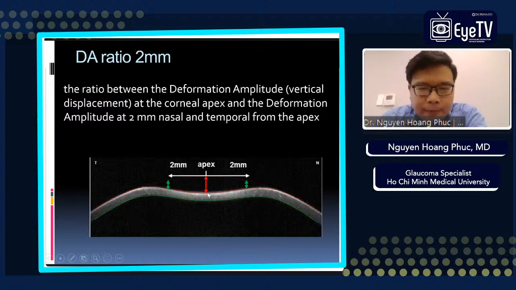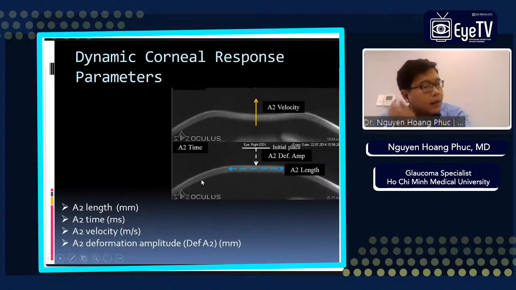In a stiff cornea, the central cornea and the peripheral cornea will deform at the same time, so this ratio will be small. And in a softer cornea, this ratio will be large. Very interesting. And finally, the recovery stage. We also have the second applanation with the same parameters: A2 length, A2 time, A2 velocity, and A2 deformation amplitude.